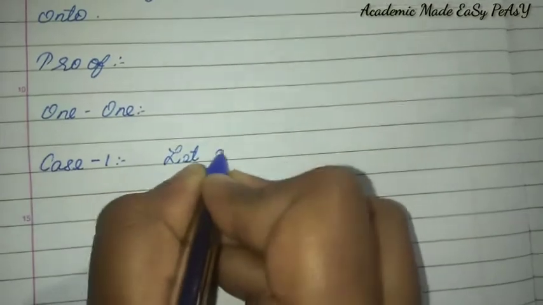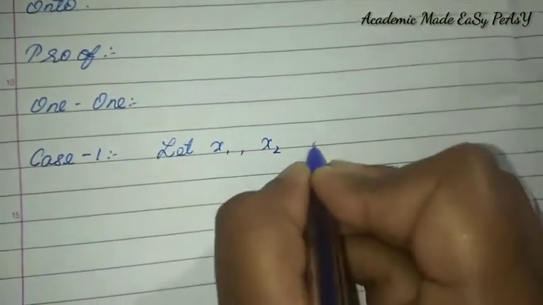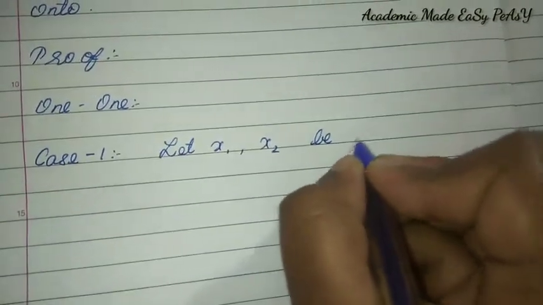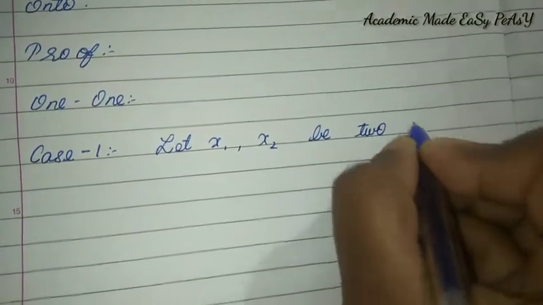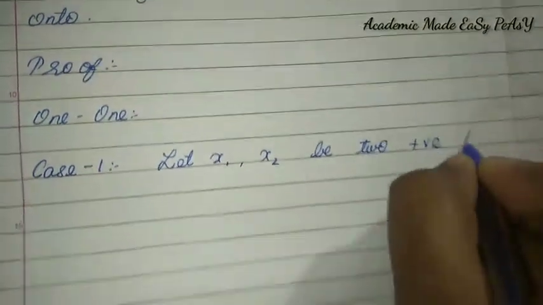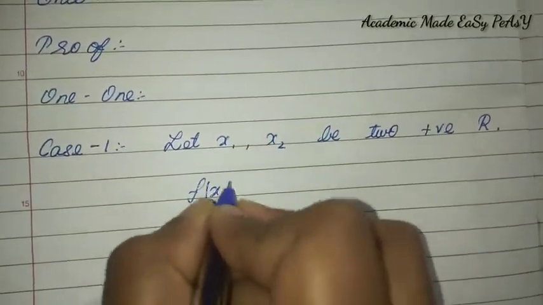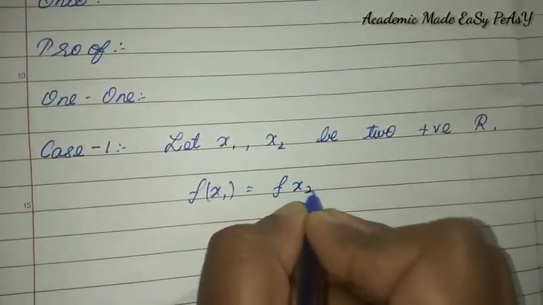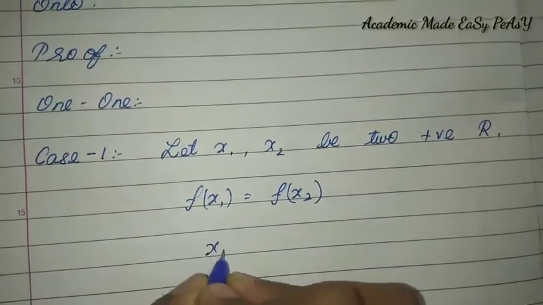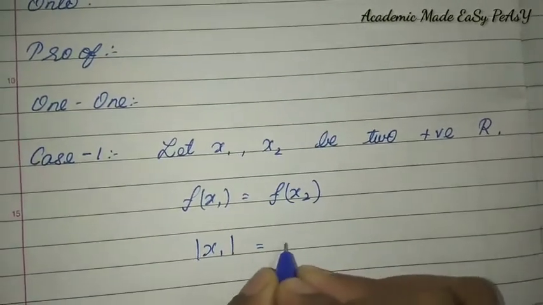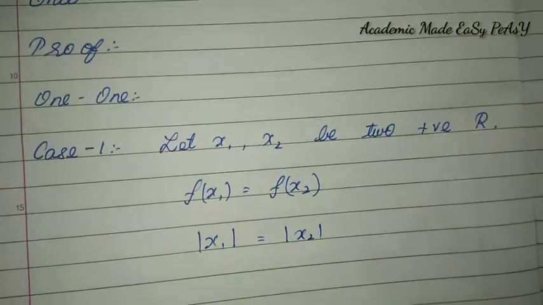let x1 comma x2 be two positive real numbers. Okay, so when we check f of x1 is equal to f of x2, we will get mod x1 is equal to mod x2.